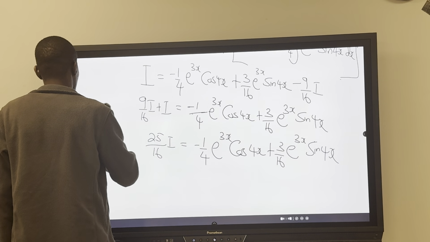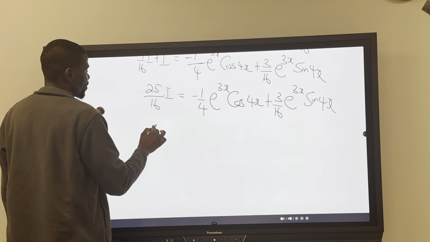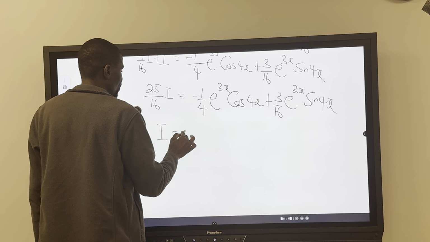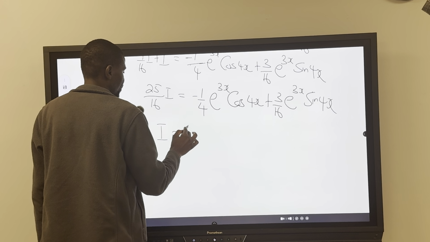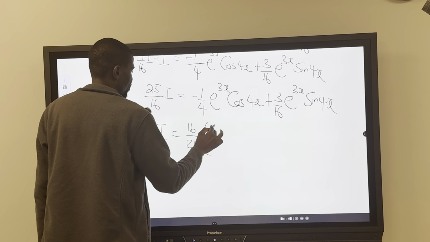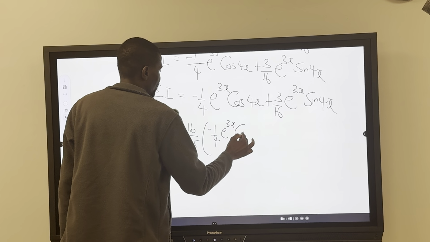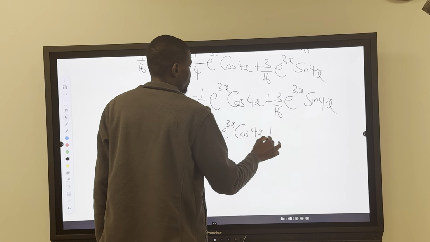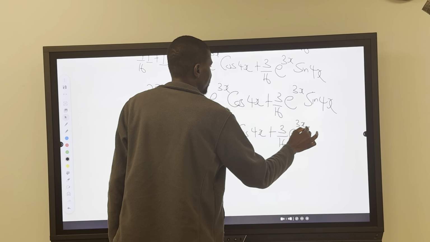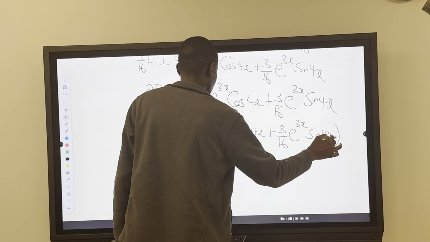Then I will multiply both sides by 16 over 25, so I equal to 16 over 25 times negative 1 over 4 e to the 3x cosine of 4x plus 3 over 16 e to the 3x sine of 4x, right?